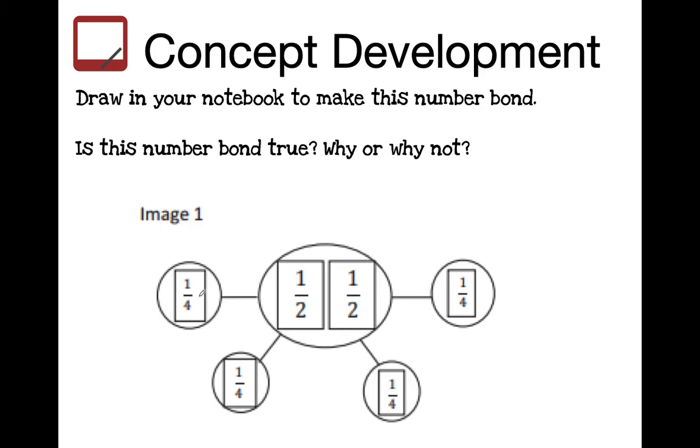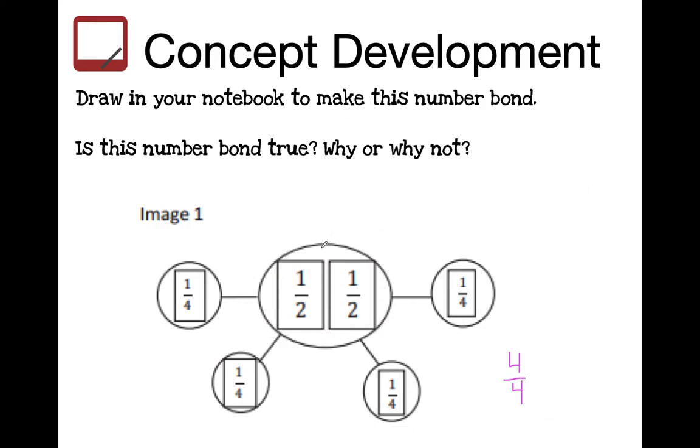So if you look at what's on the bottom, the denominators are not the same. So what they're trying to get you to look at is comparing different fractions and asking yourself, are they still equivalent? So this is telling us that we have 1, 2, 3, 4, that we have 4 fourths.